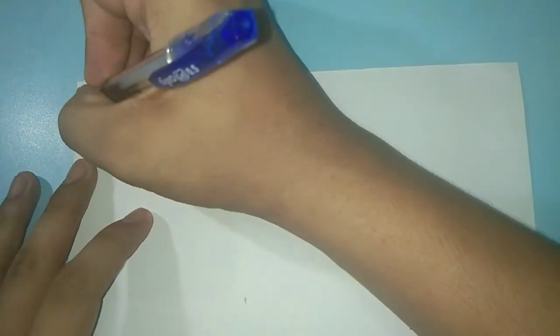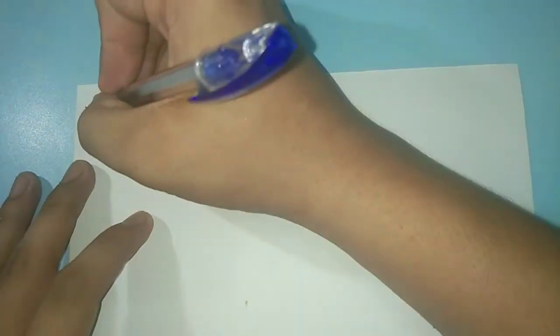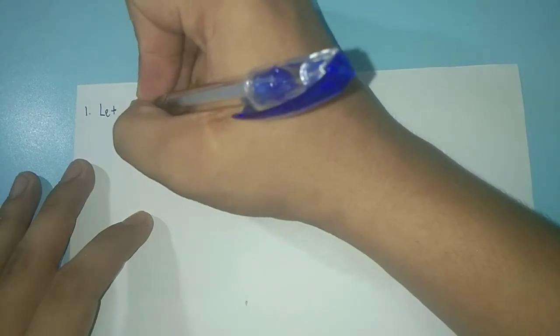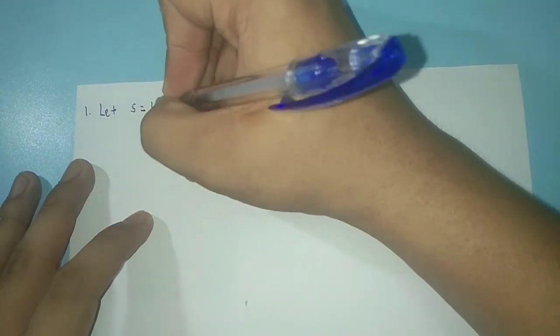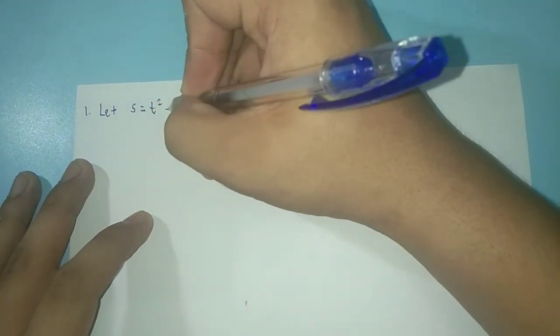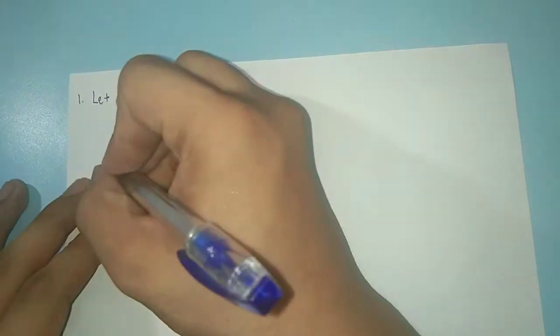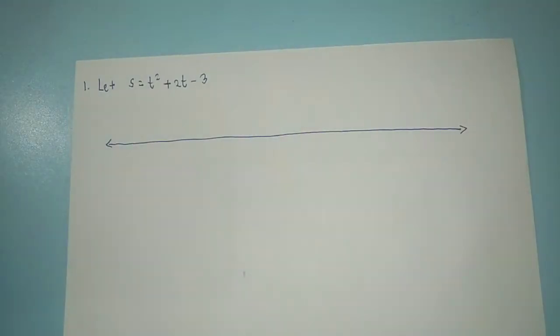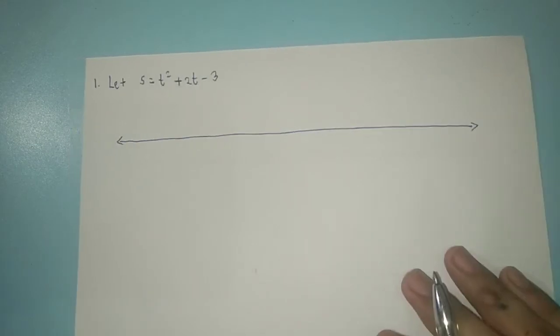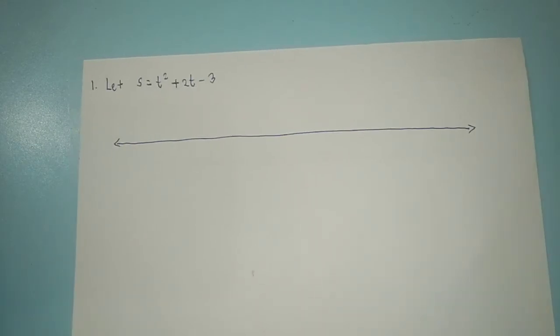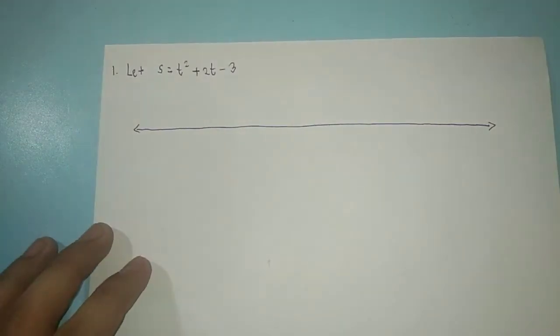Now, let's proceed to our example. Let's say we have a particle with position s equals t squared plus 2t minus 3. Let's show what it looks like. What is the position of the particle when our time is 0?